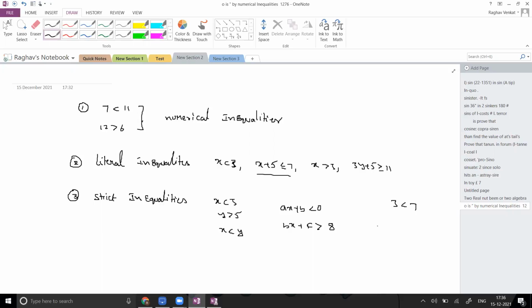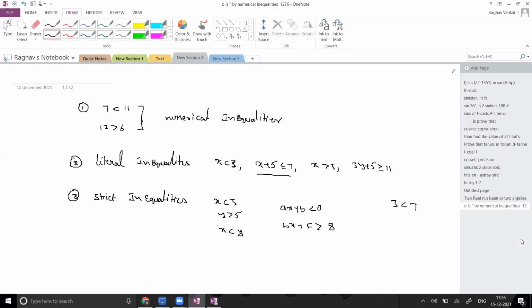Strict means either it should be less than or greater than, that's it. It should not be equal or something. Either purely less than or purely greater than. It can be strict as well as literal. But now you can't say all strict inequalities are literal, or all literal are strict.